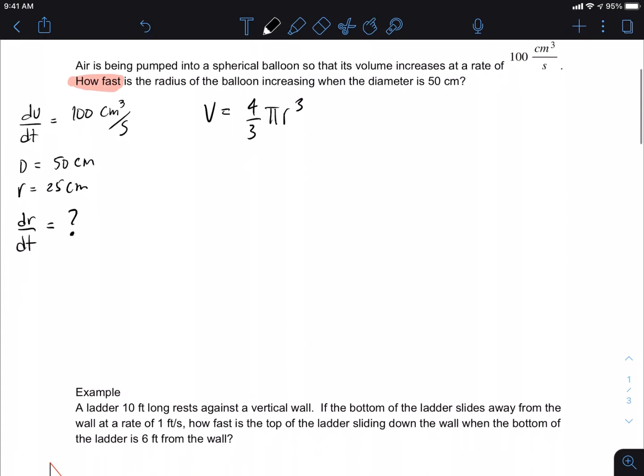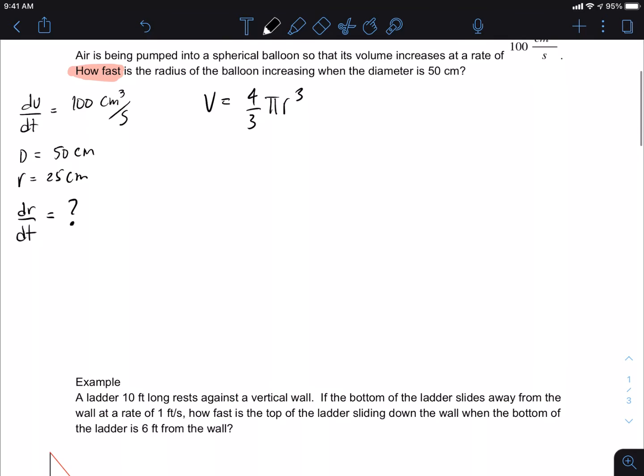So in this problem, we need to take the derivative of it implicitly with respect to time, right? Volume is changing with respect to time. Radius is changing with respect to time. So because both of these are being derived with respect to time, we must differentiate them implicitly. Does that make sense?